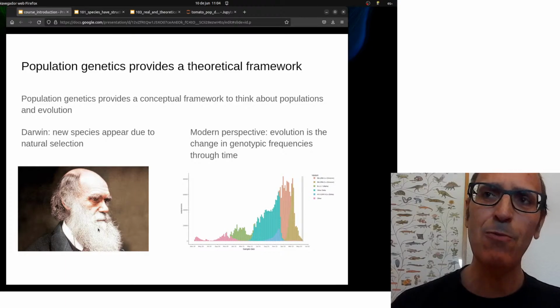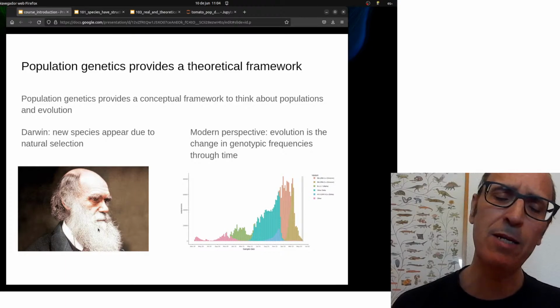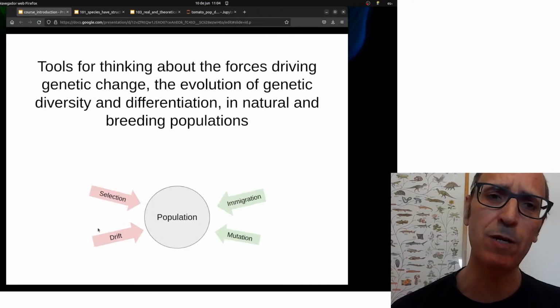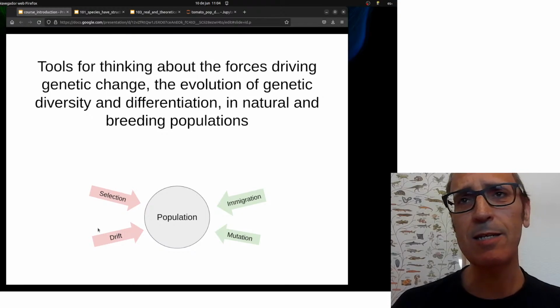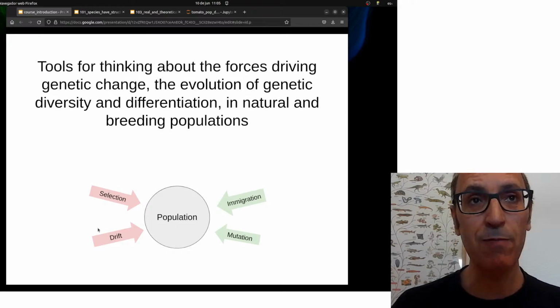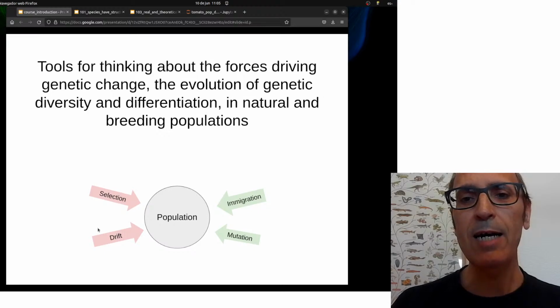This was the main interest of classical population genetics, to explain evolution in this way. So they thought about which were the forces that changed allelic frequencies. For instance, of course, selection, but also drift, something that was not covered by Darwin, and immigration or mutations. These are the classical forces that shape evolution in population genetics nowadays.